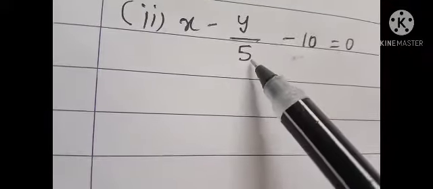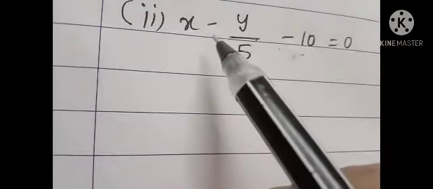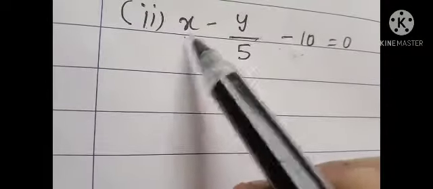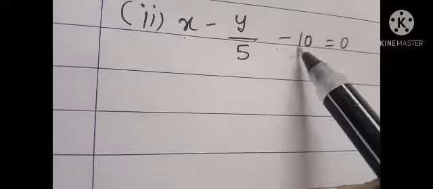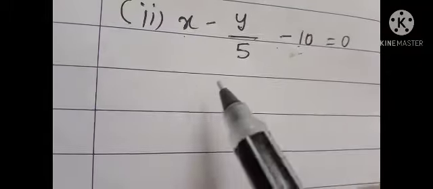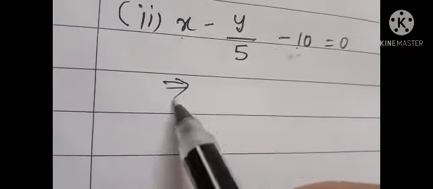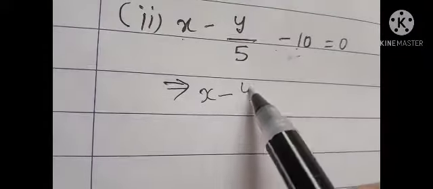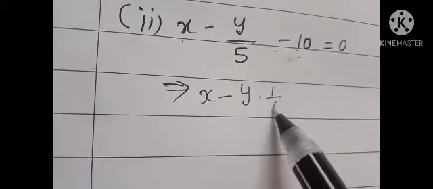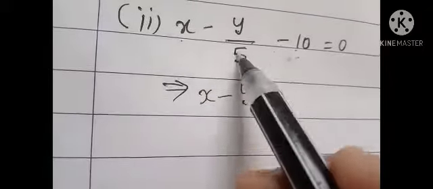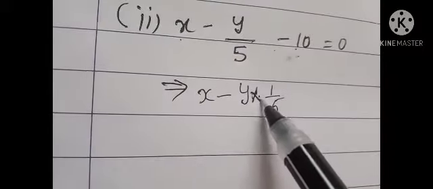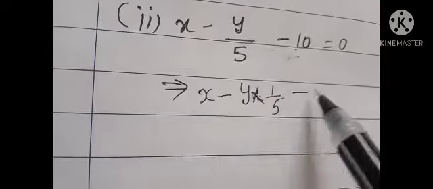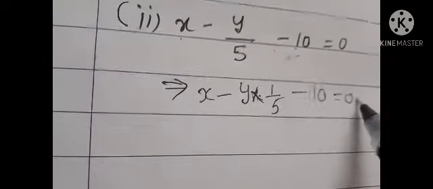The next sub-question is x minus y by 5 minus 10 equals 0. Here all the terms with x, y and the constant are on the LHS itself. But we have to rewrite this: y by 5 we can rewrite as y into 1 by 5, so x minus y into 1 by 5 minus 10 equals 0.